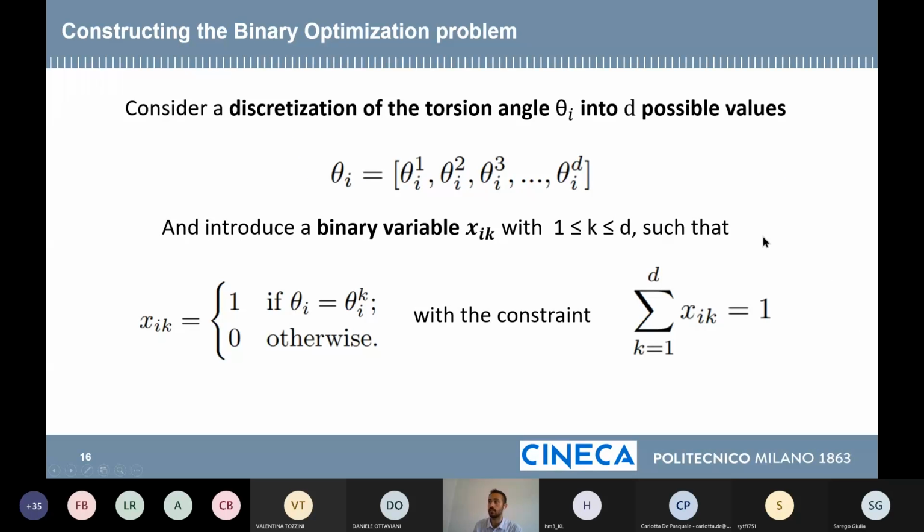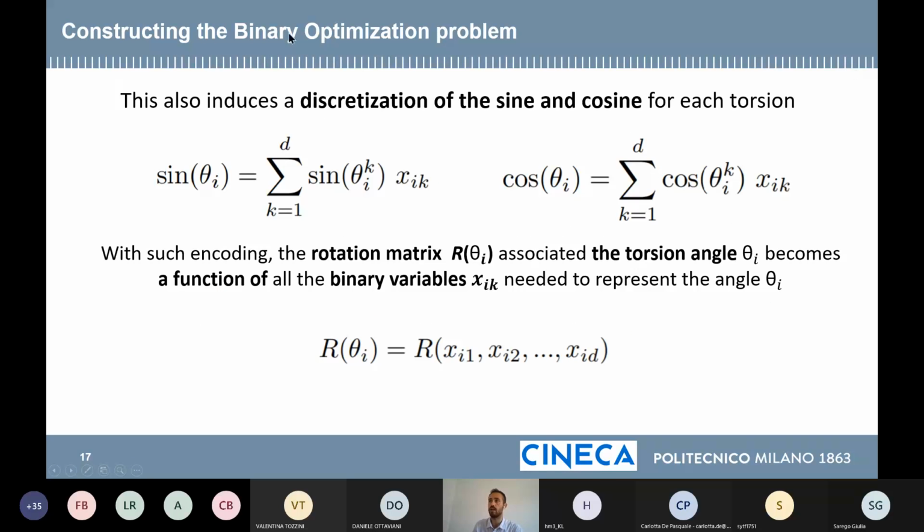The constraint is the same that we have here. So with just one constraint, we are okay if we have sine terms or cosine terms.